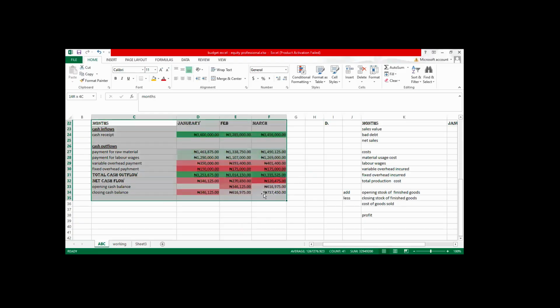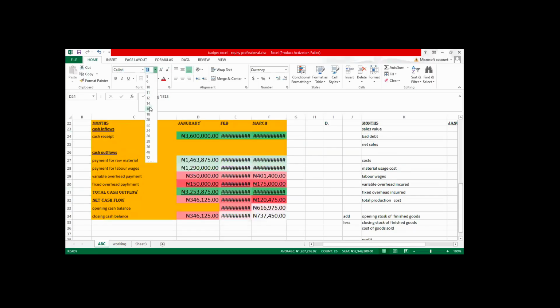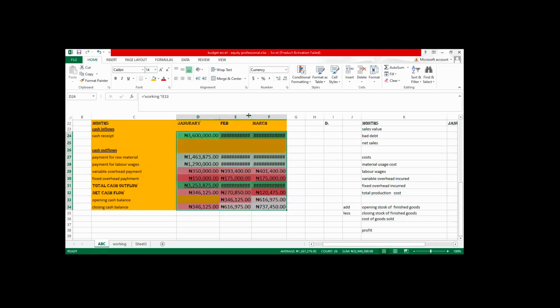You can compute for January, February, and March. The figure is not there for us.